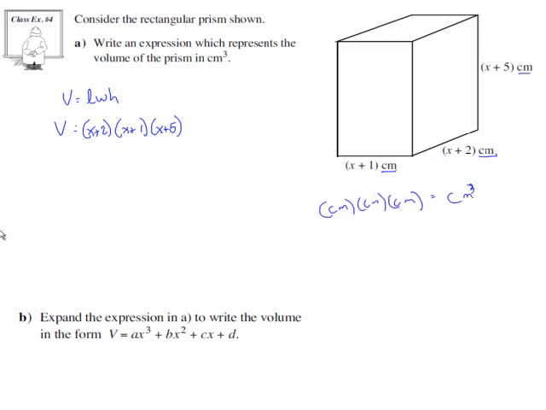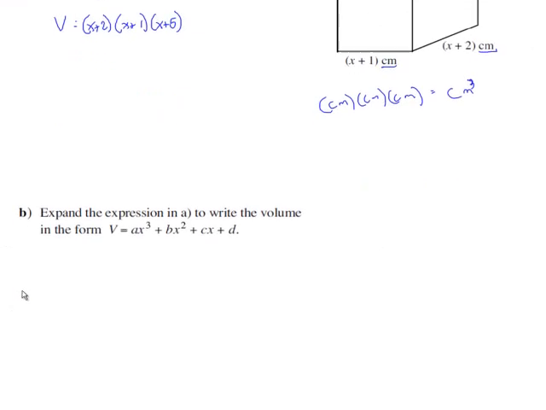Alright, now we can expand this to get a nicer formula for volume. So starting out with volume equals x plus 2 times x plus 1 times x plus 5. Okay, so if you look at what's happening here, I have three things being multiplied.